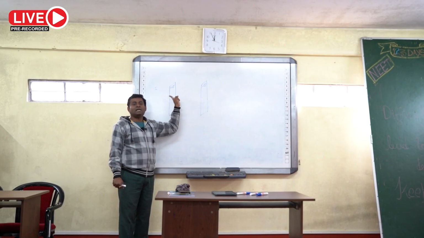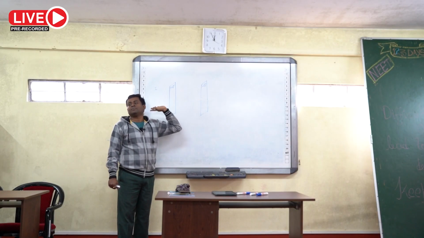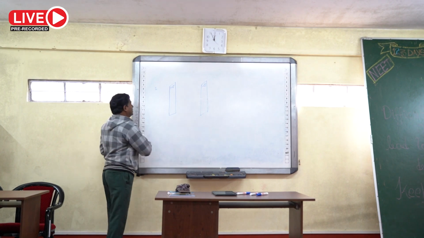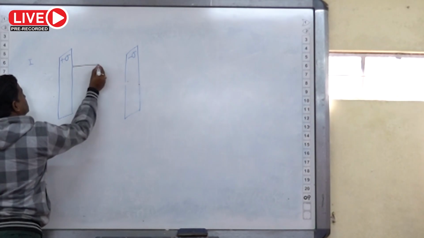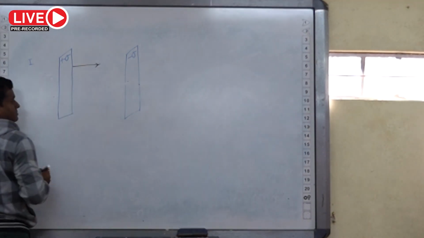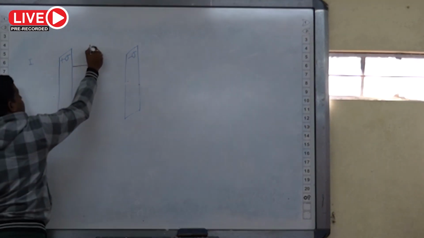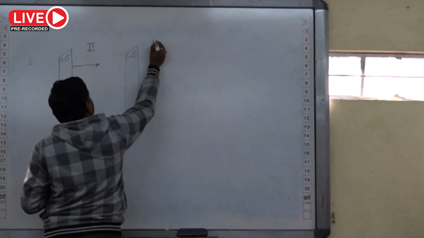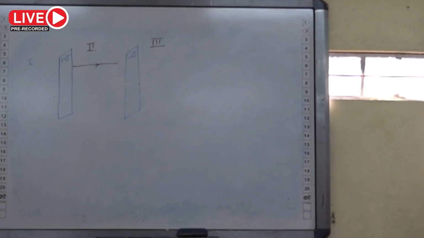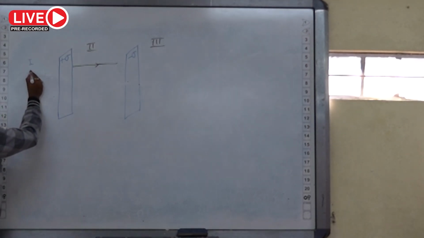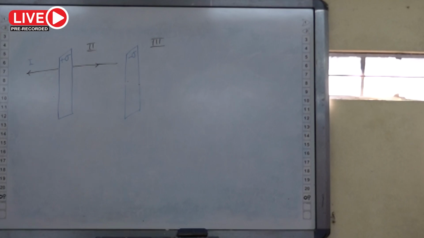Positive charge, field lines are always going away from the positive charge. So in this region, for this plane, the field lines are going along this direction. In region 2, field lines are going along this direction, also going away from the charge.